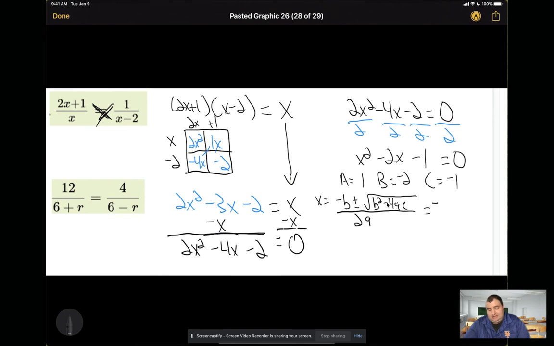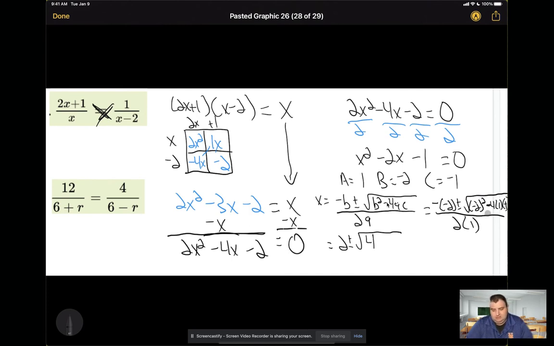So I'm going to have negative b plus minus square root of b squared minus 4 times a times c, all over 2 times a. So in this case, I have negative negative 2. Negative negative 2 is positive 2. Negative 2 squared is going to be 4.